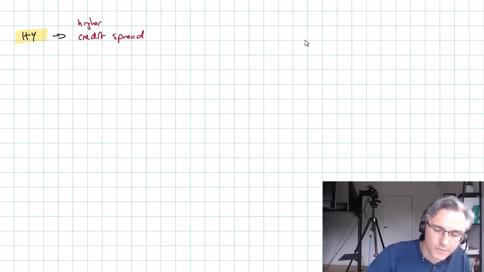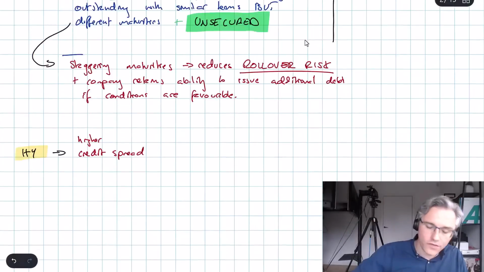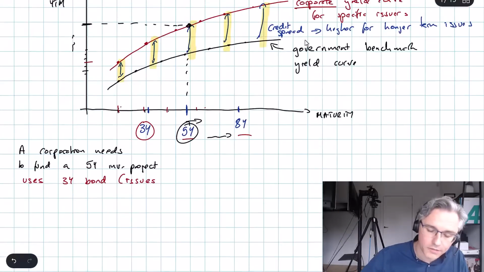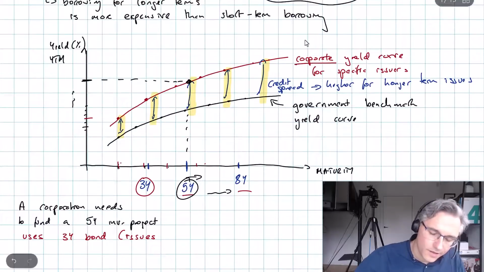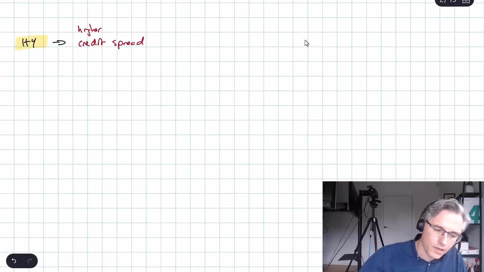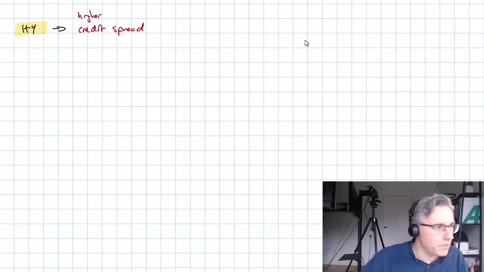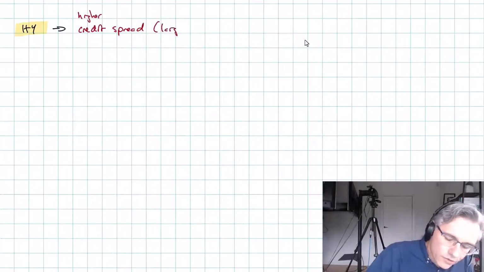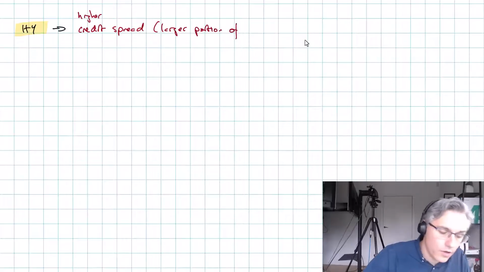Obviously, we're talking about the spread over the government benchmark yield over here. So they will issue bonds with a much higher spread, and that spread will naturally become a bigger portion of the overall yield or the overall cost. So a larger proportion of the overall yield.